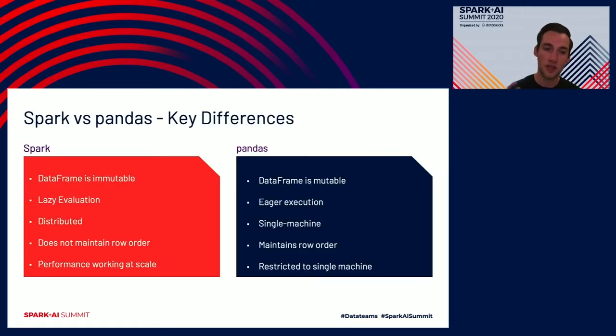So whilst the aim of Koalas is to replicate the Pandas API on Spark, there are some significant differences in the underlying design of Koalas that users should understand. When changing from Pandas to Spark, how do these differences translate? First, whilst both Spark and Pandas have this concept of a data frame, with Pandas, a data frame is a mutable object.